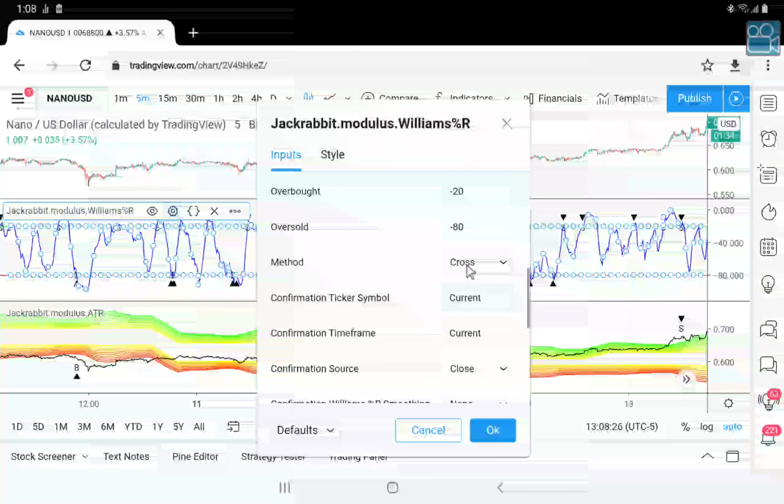I did use crossover, which is a more powerful version than a traditional Williams %R indicator. And that makes it also slightly more difficult to tune with other indicators. I did not use any confirmation bias.